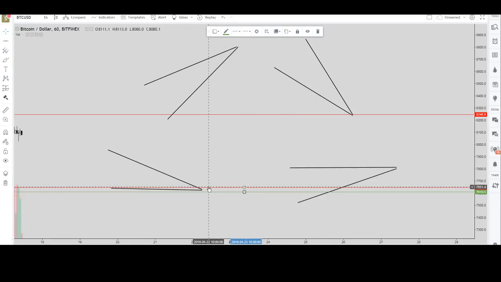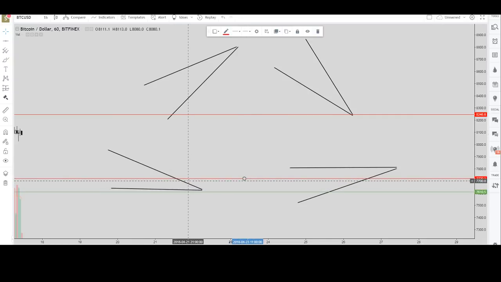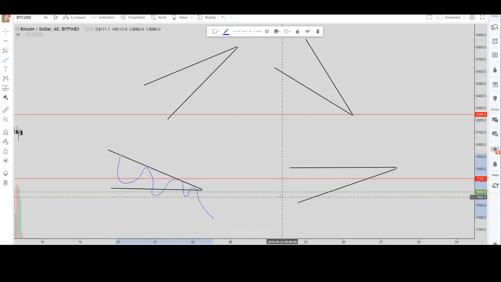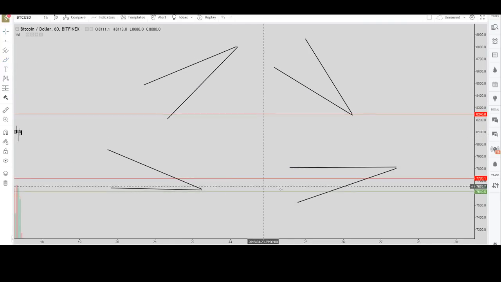Enter upon the break, stop loss above, or stop loss above even further if you are worried about it coming back into the formation after it breaks, pops back in, and then it goes down. Okay, once again, a matter of personal preference where you put the stop.